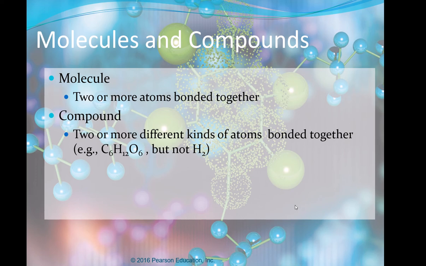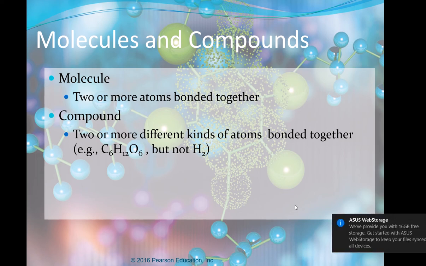Molecules and compounds, right? So we talked about elements, so now let's talk about when we take those elements and put them together. If we have two or more atoms of the same kind, then we have a molecule. If we have two or more different kinds of elements bonded together, then we have a compound.